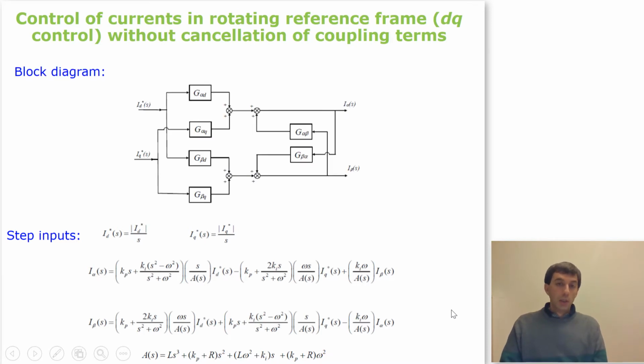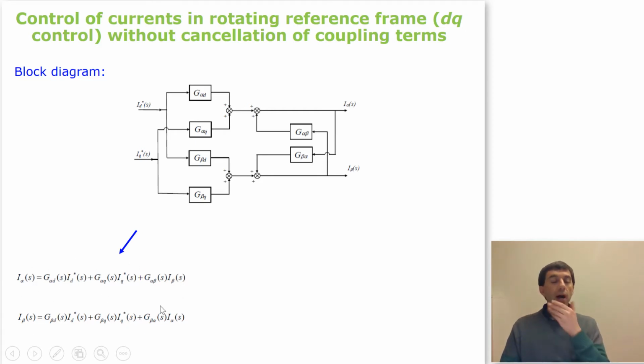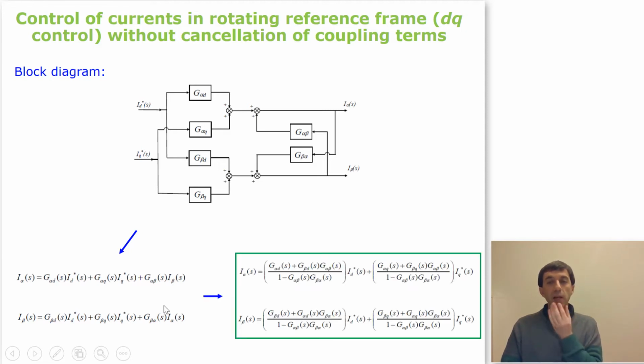So here again, what we can do is represent, as we did before, in this block diagram, in which we can see the closed loop control, how it's coupled. And in order to eliminate this coupling, we do the same mathematical process, which is to represent these two expressions in a more compact form, and then after some mathematical developments, we can achieve very compact expressions which are decoupled.